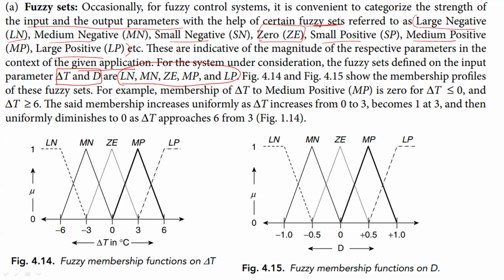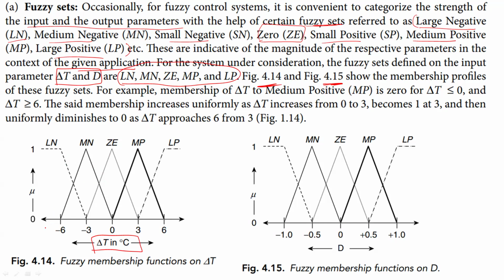Now, let us draw two membership profiles. We are assuming these are the membership profiles. When you are trying to design your own system, you have to find out the appropriate values. Here you can see this one, which is delta T in degrees Celsius.